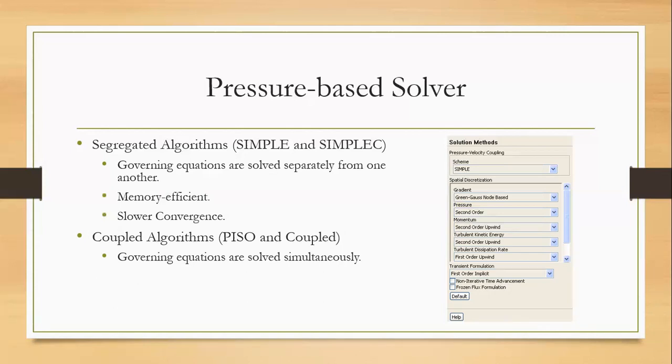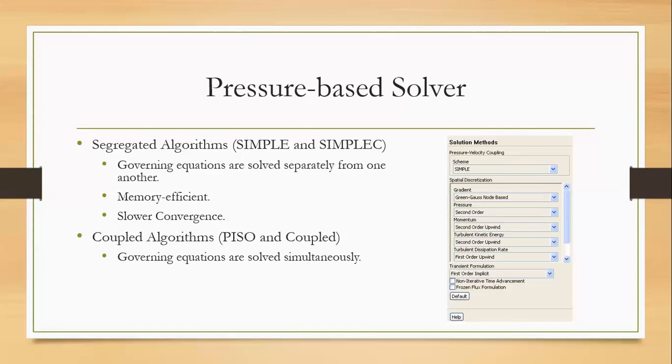And the segregated algorithms, like I said, are very simple and very memory efficient, but they often give us slower convergence because the equations are solved separately, and reaching the final solution will take time.